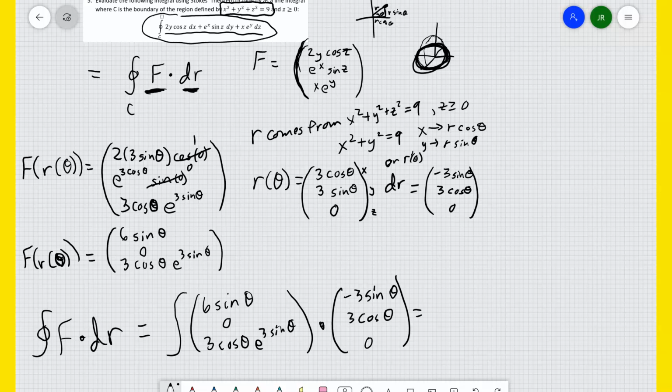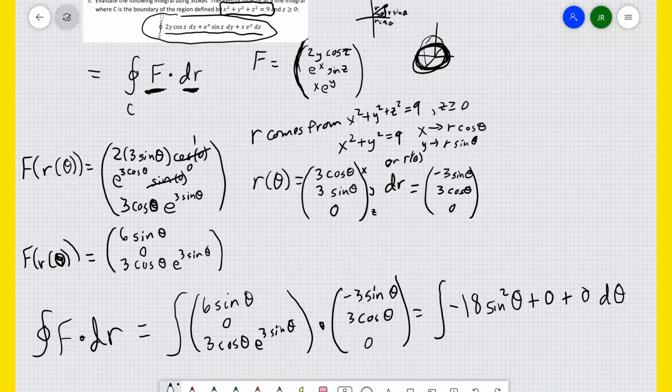Which is going to equal the integral of negative 18 sine squared theta plus 0 times 3, that's just 0, plus this thing times 0, which is again 0. And now it's just going to be d theta.